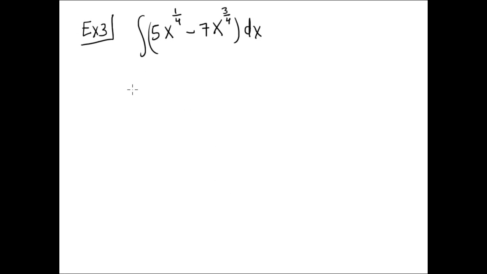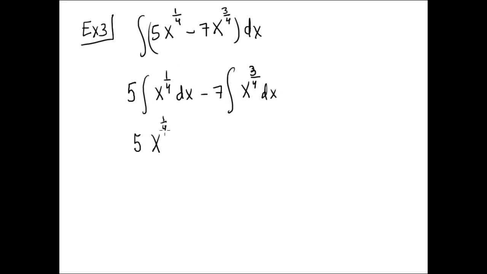Okay, again, we can separate. Linear operator, 5 outside, integral x to the 1 over 4 dx, minus 7 integral x to the 3 over 4 dx. Remember, when you open this symbol, you finish using dx, and you apply the power rule again.